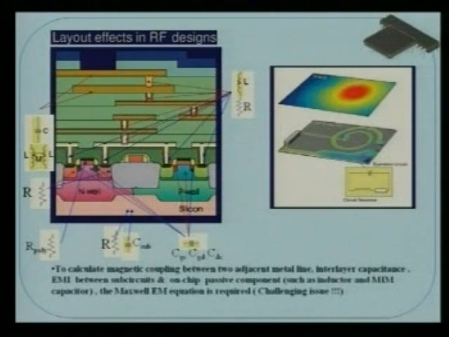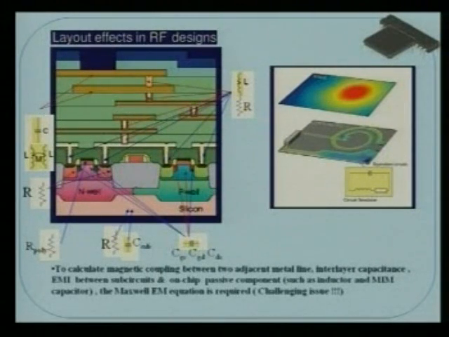You have an eddy current loss in the system, and also the gate to source capacitance, gate to drain capacitance, source to bulk capacitance. All those capacitances come into the picture to make your design more and more complicated and more challenging. That's why, finally, the Maxwell EM equation is required, which is a challenging issue when you are working at high frequency.